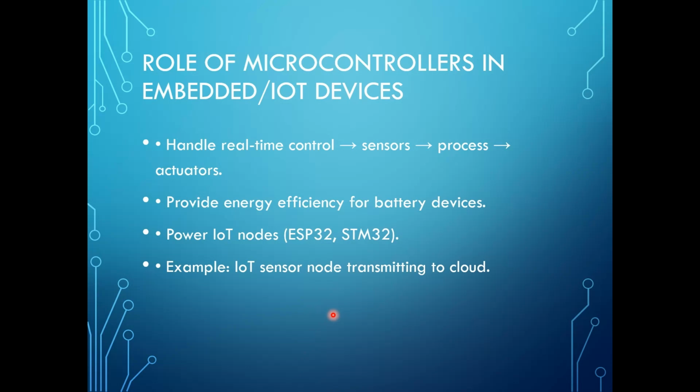That's basically the IoT we have discussed previously as well. Controllers like ESP32 and STM32 come with Wi-Fi boards. An IoT temperature sensor microcontroller reads the data, processes it, then sends it via Wi-Fi. Without microcontrollers, IoT devices would simply not exist.